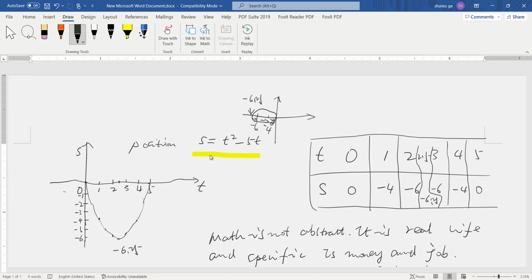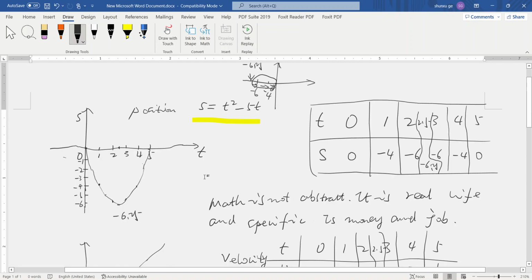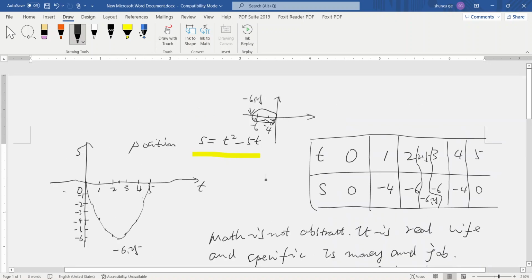Okay, so now, what should we do? Usually some people say derivative is so abstract. No, it's not abstract. Derivative, it means this is s. We take a derivative, meaning we take the slope. Here is the graph. We take the slope here, and here, anywhere.